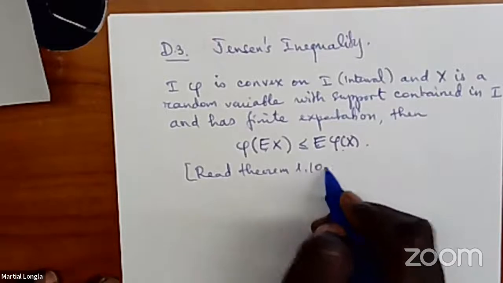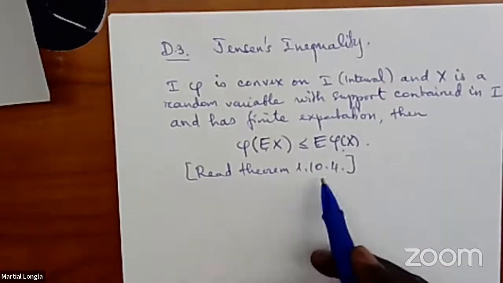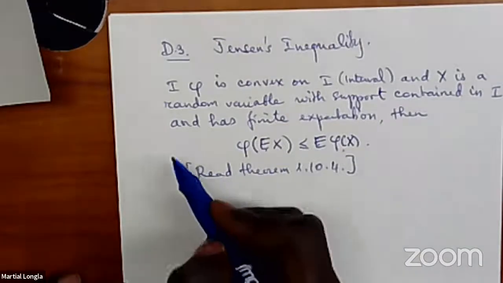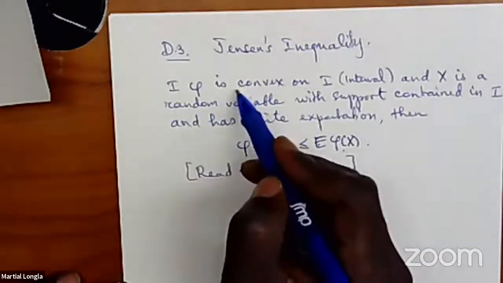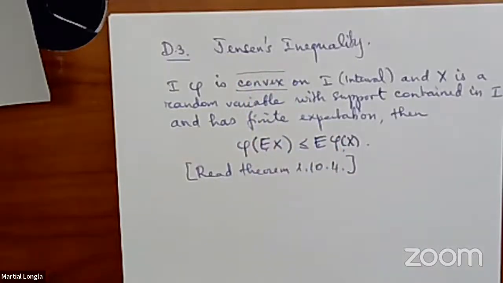And that theorem 1.10.4 gives you the different instances when you can conclude that a function is convex. Okay. That's what this part is about. So please take time to read that. Now we're gonna do some examples.